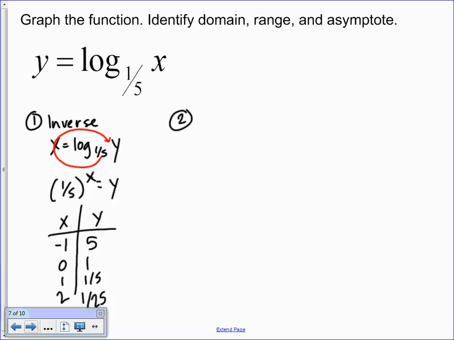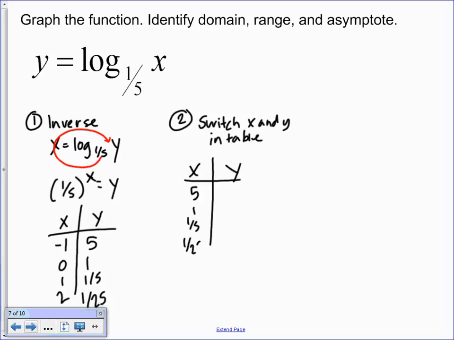Beware, do not graph this, because you will graph an exponential function. You must do step 2, which is switch it back. So you got to switch x and y in the table. 5, 1, 1/5, 1/25, -1, 0, 1, 2.